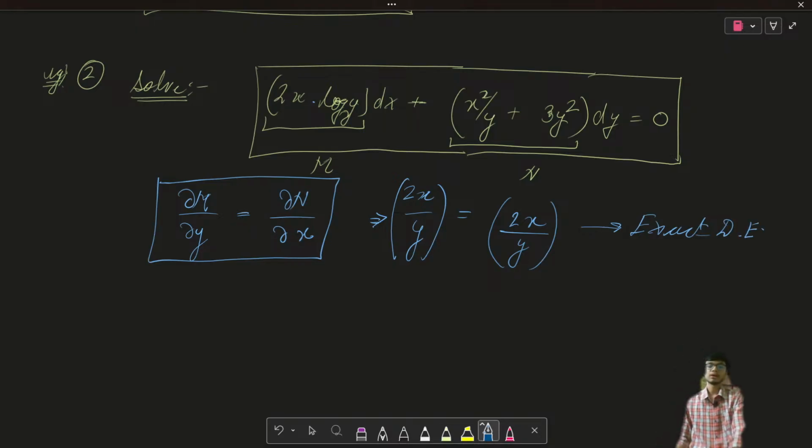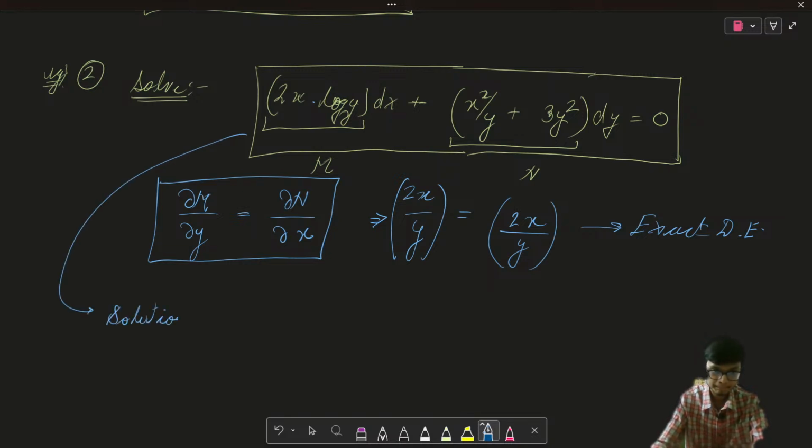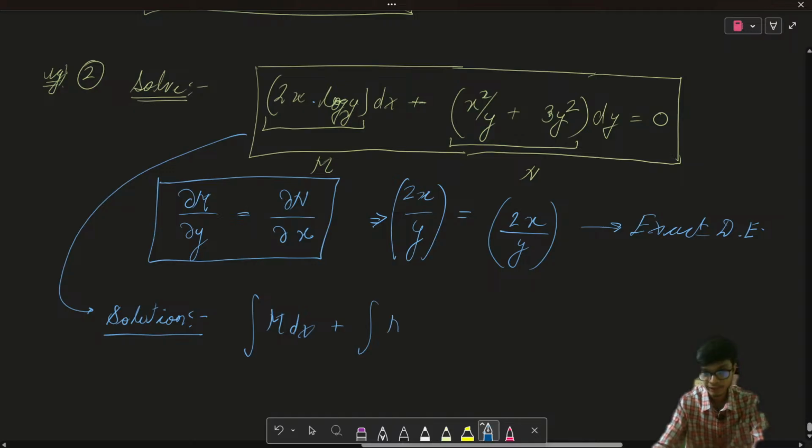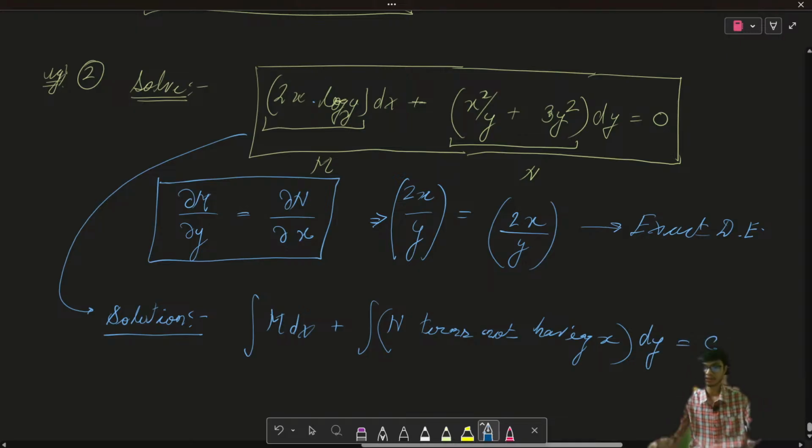differential equation. If I have an exact differential equation, the solution is very simple. Integrate M dx, keeping y as constant, and then take the terms of N not having x and integrate them with respect to y, and that should be equal to constant c.